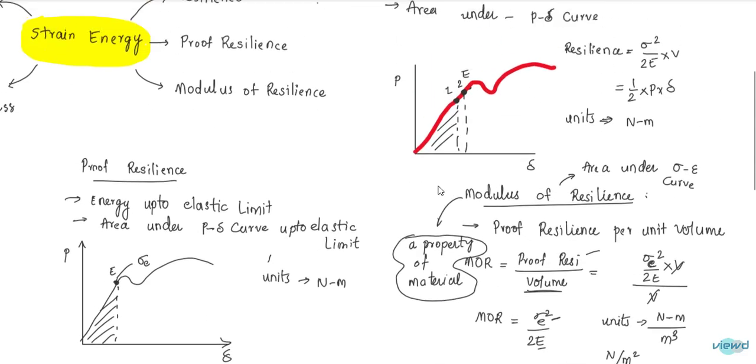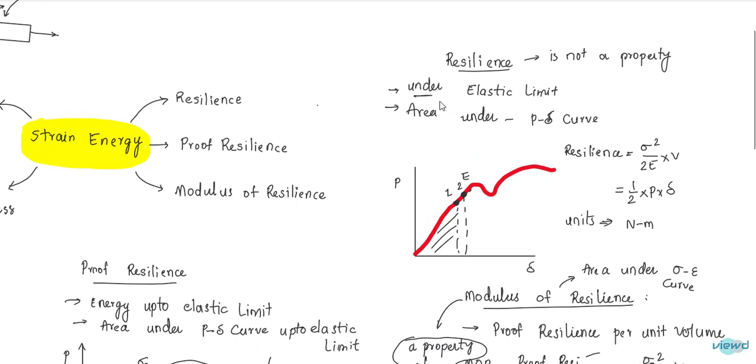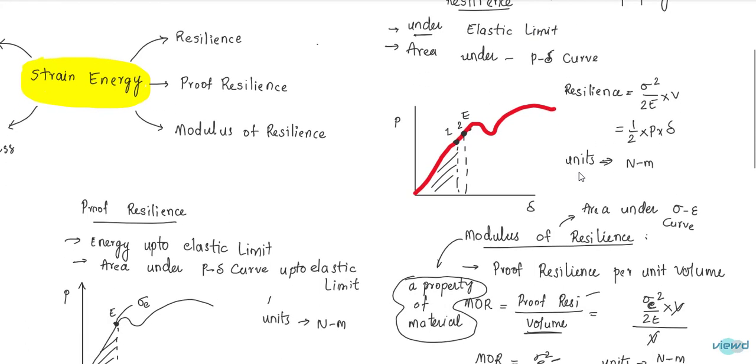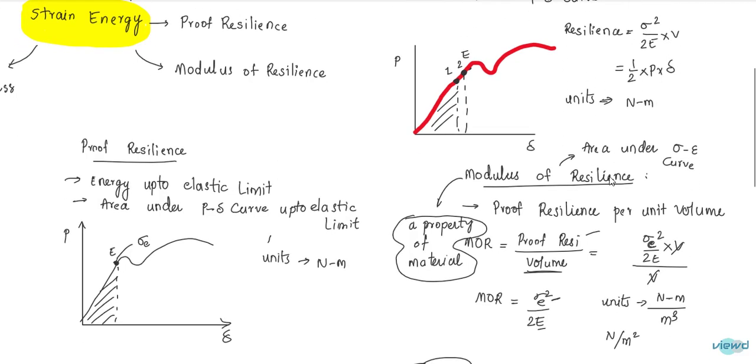So resilience is under elastic limit, not up to elastic limit. Under elastic limit, the energy absorbed is called resilience. Area under the P delta curve gives us the resilience. Resilience is not a property. The units are Newton meter.